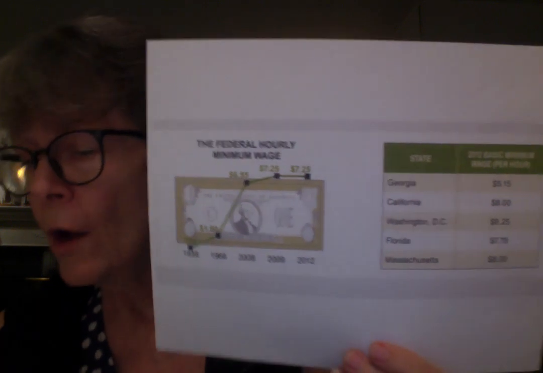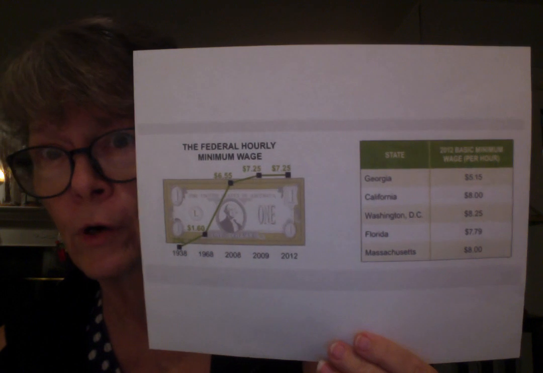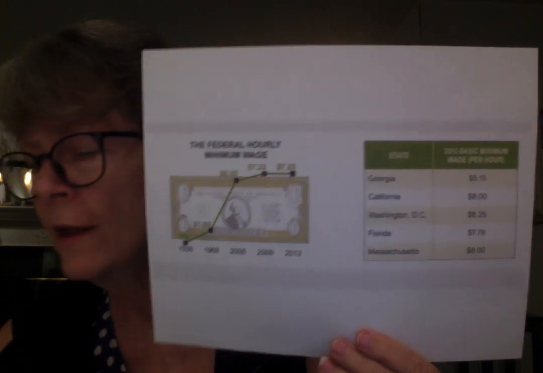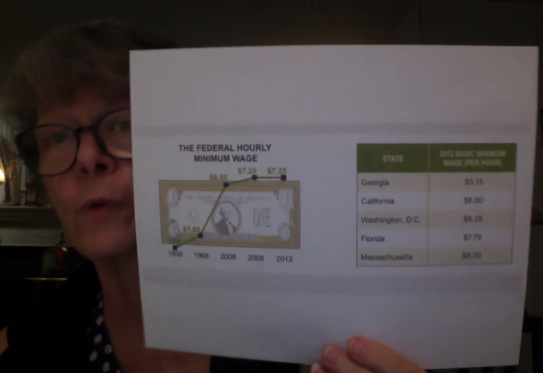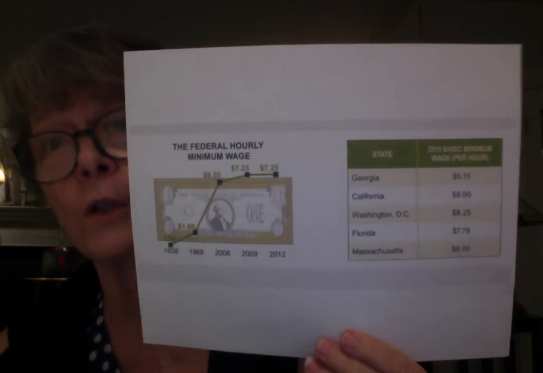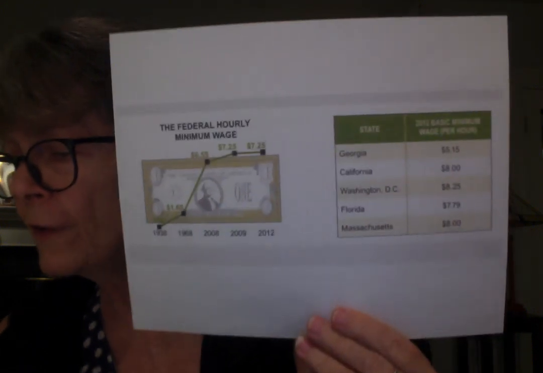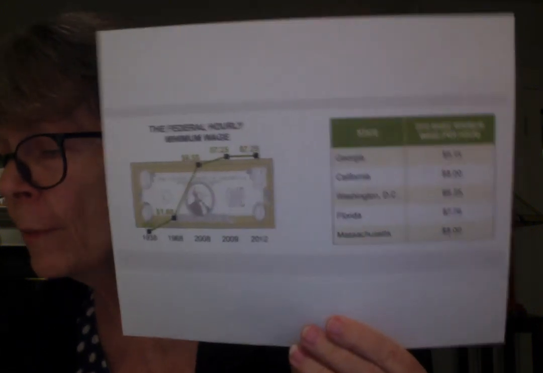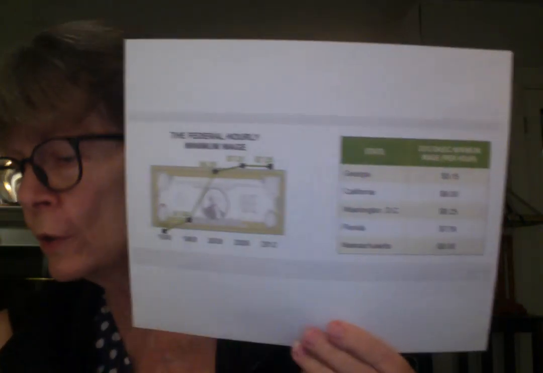Okay, so number one says, which of the following can you infer? Remember that infer means to figure out a logical guess based on clues. So which of the following can we infer by comparing and contrasting information on the two visuals?